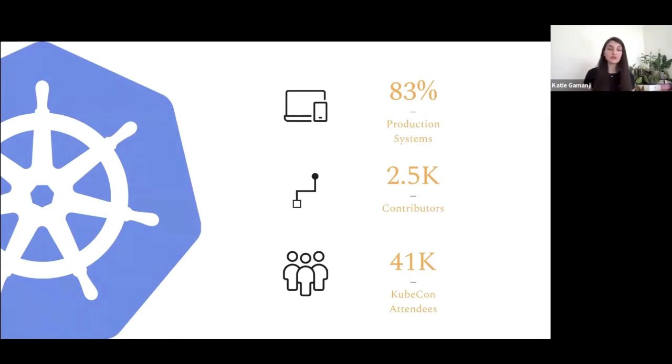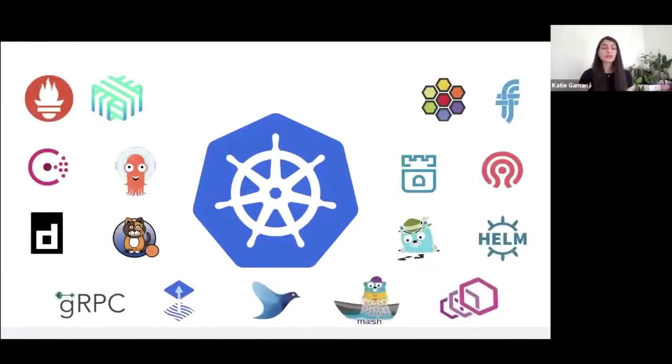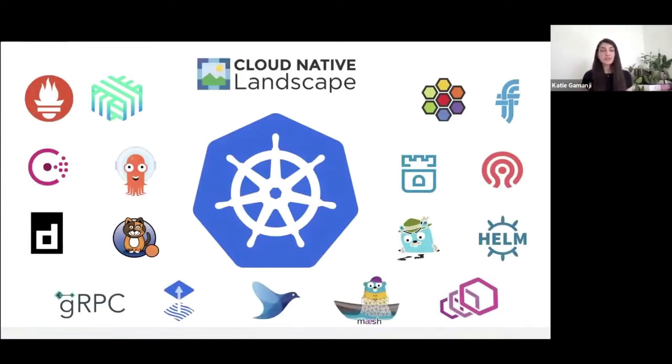Now, these were the KubeCon virtual in Europe and North America. And this has been extremely beneficial for Kubernetes because over time, multiple tools were built around it to extend its functionalities. And this created what today we know as the Cloud Native Landscape, which resides under the CNCF umbrella or Cloud Native Computing Foundation.